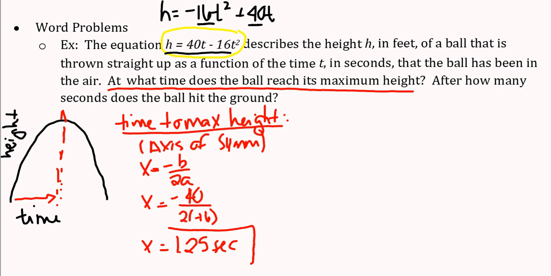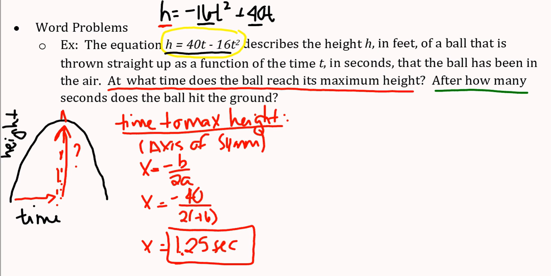And that actually answers my question, because it asked how much time until it reaches its max. So this is the answer, 1.25 seconds until it reaches its max. If I had asked how high does it get, I could have plugged that 1.25 seconds into my equation to get a height, but we didn't ask that for you, so we'll skip that.